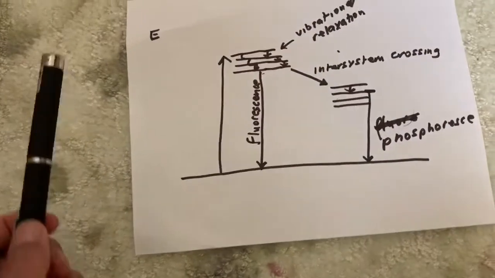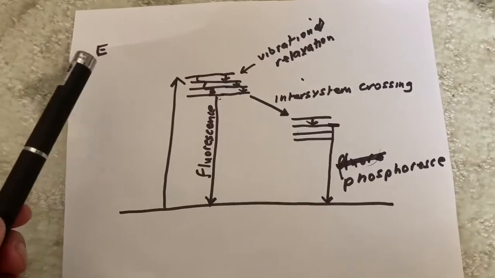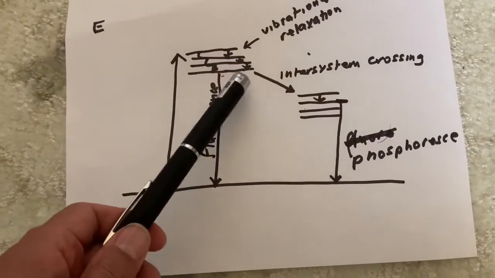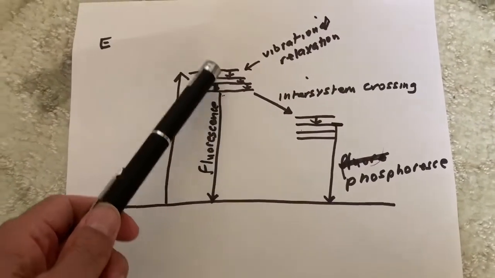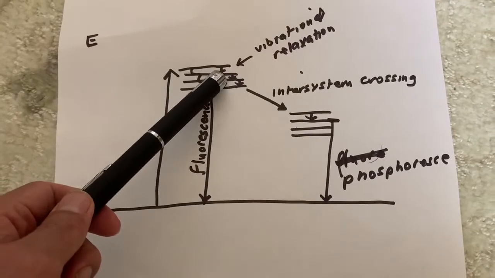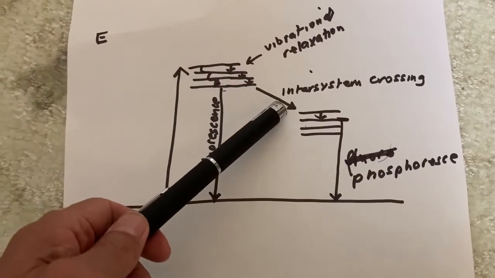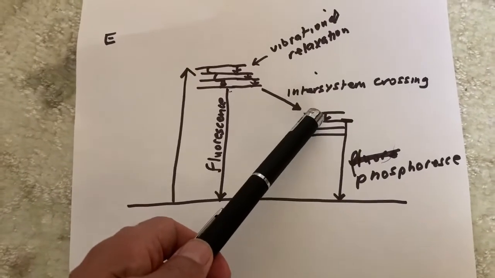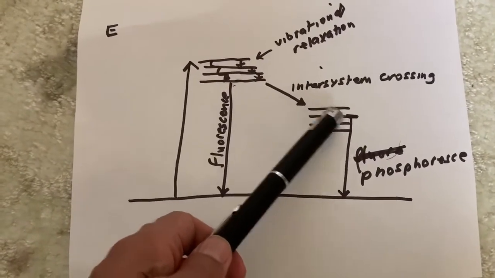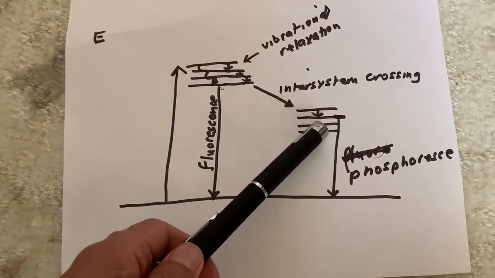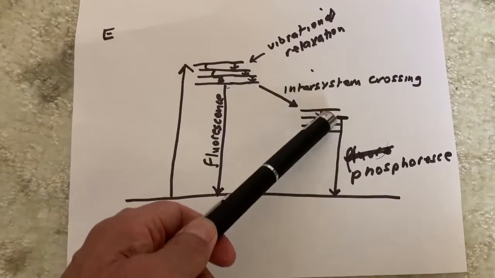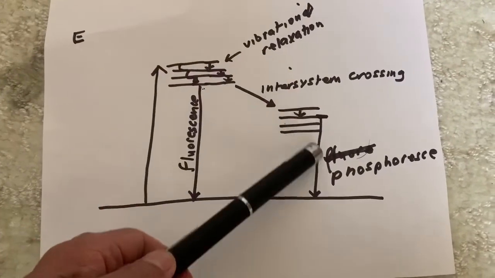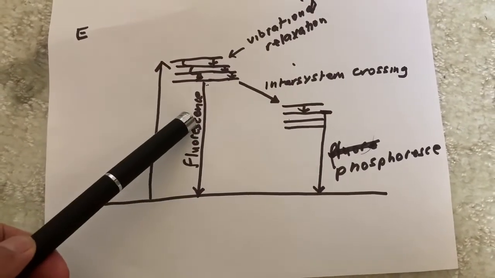Now, some substances have a process known as intersystem crossing, where the excited electrons can drop into a different subset of levels and stay here for quite a long time and slowly drop down to the original level, emitting light at a different wavelength to the fluorescence wavelength.